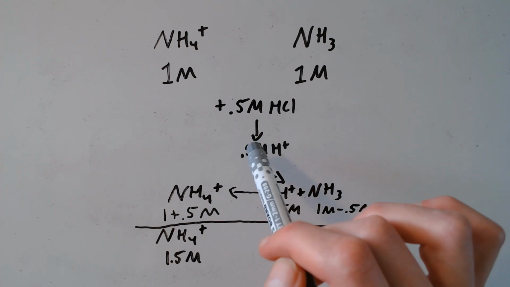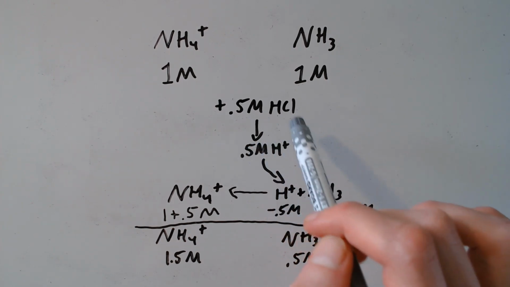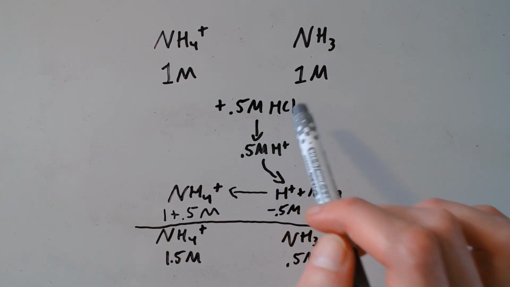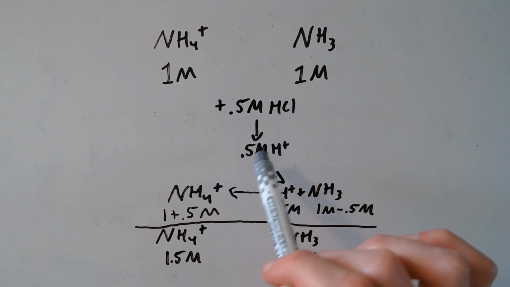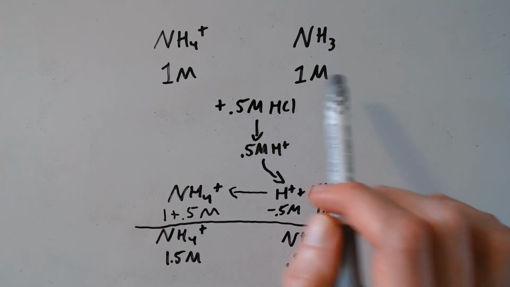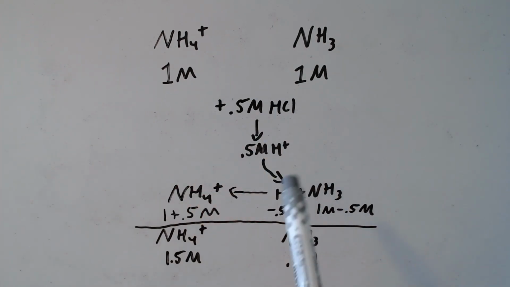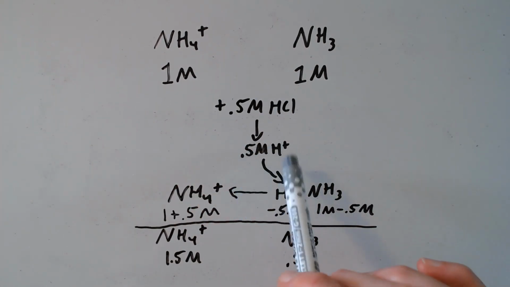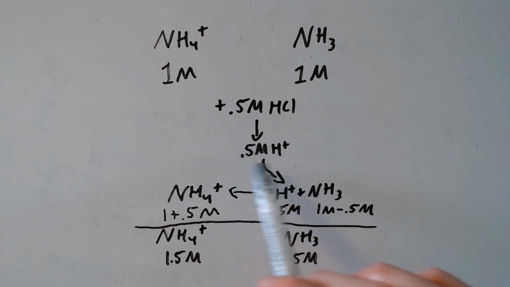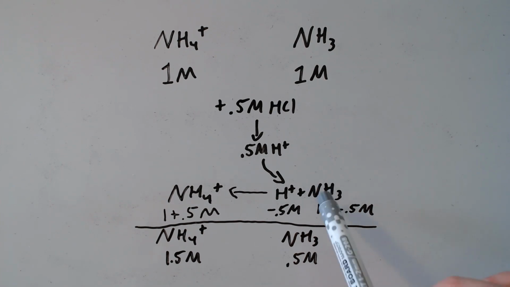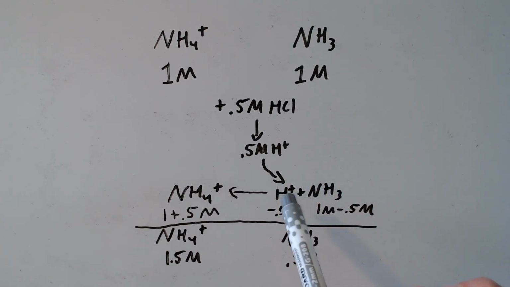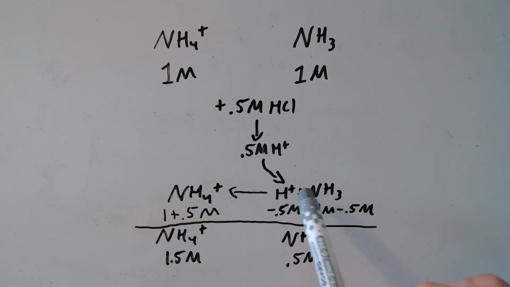Instead, we get 0.5 molar H plus ions, and 0.5 molar of the Cl minus ions, but since they're neutral, we don't care about them. We only care about the H+. So this 0.5 molar H+ goes into this buffer, and if there's a lower concentration of them than NH3, then all of them bind to the NH3, and by binding to NH3, the H pluses help to create more of this NH4+ backwards.